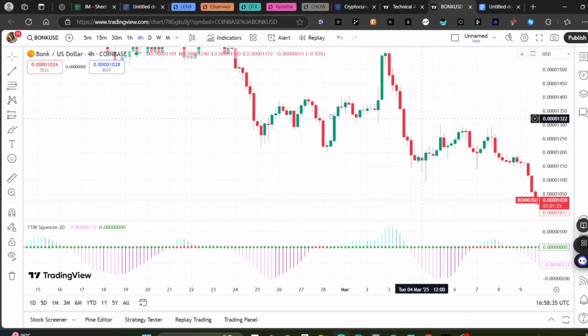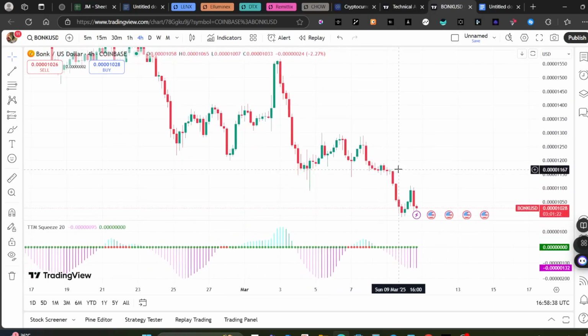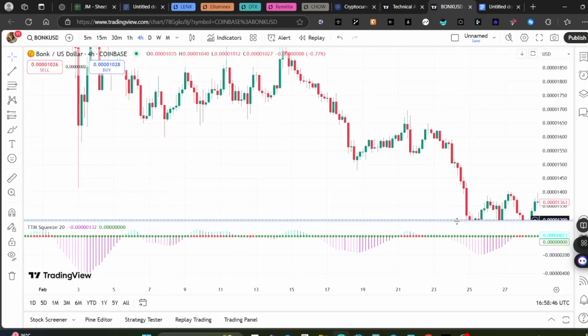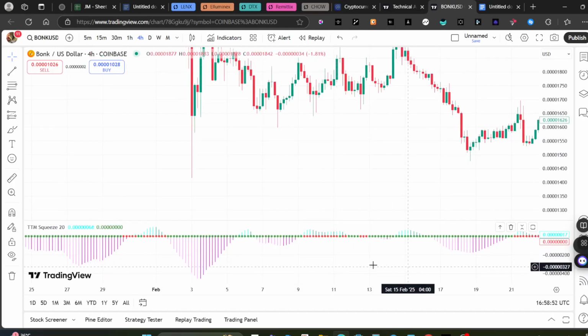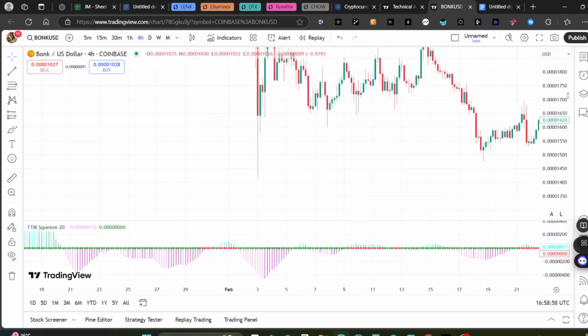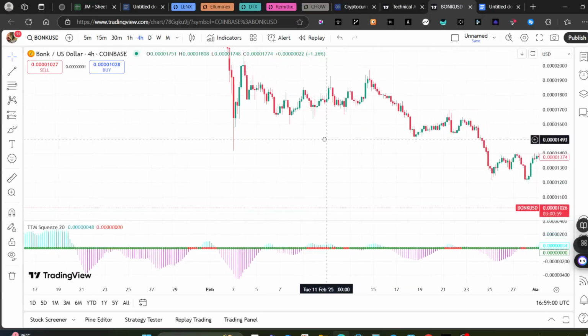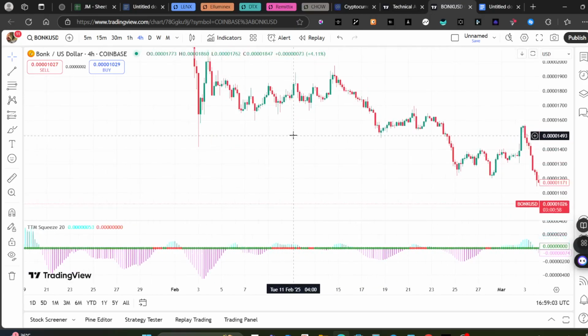Now let us go over the best day trading strategy using the TTM Squeeze Indicator. The first step is to identify a squeeze. Look for red dots on the TTM Squeeze Indicator. This signals that the market is in a low volatility phase, so a big move is likely coming, but we don't know which direction yet.